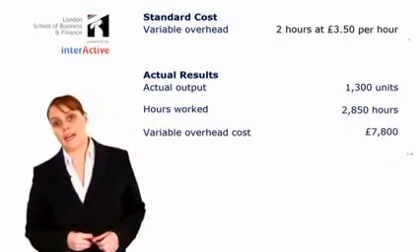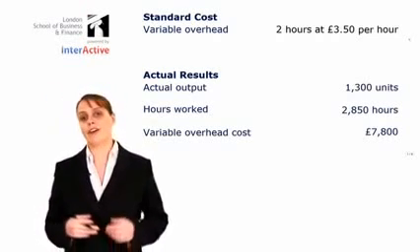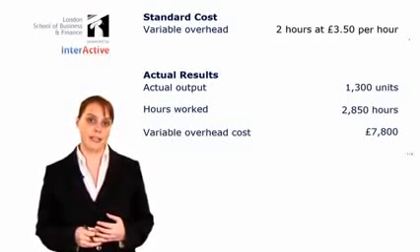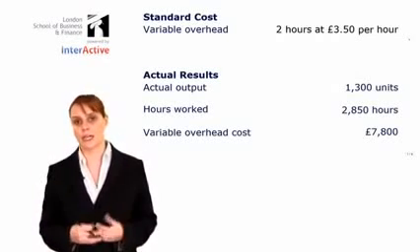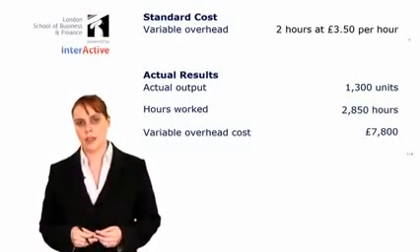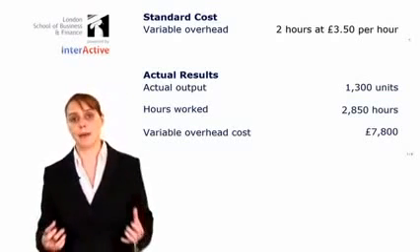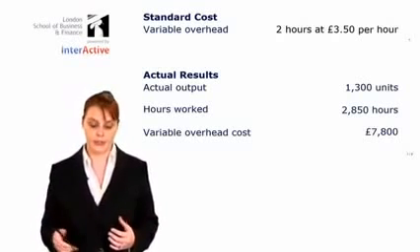So we have similar information then to what we've seen in previous exercises. We have our standard cost per unit set at the start of the year. We expect to spend 2 hours working on each unit. For each labour hour we work, we charge £3.50 in relation to variable overheads.